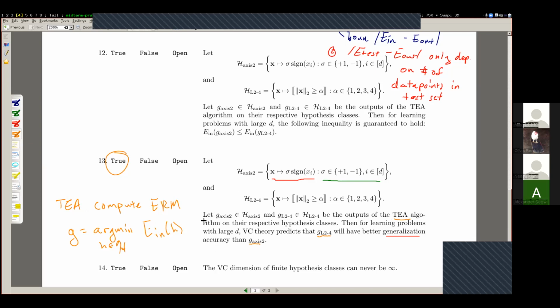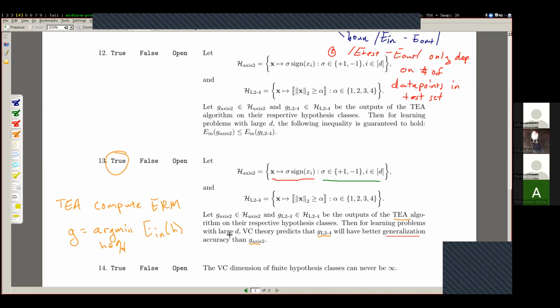For infinite hypothesis classes, we needed to do gradient descent, second order gradient descent, stochastic gradient descent, one of those things to get an approximate computation. But here, these are finite, so we can compute them exactly. And so we're asking about the exact theorem.